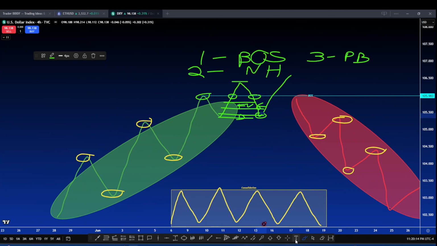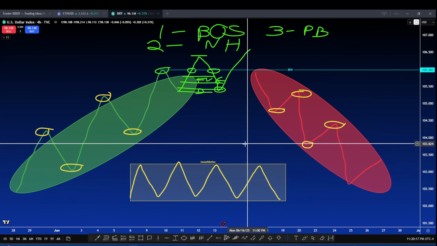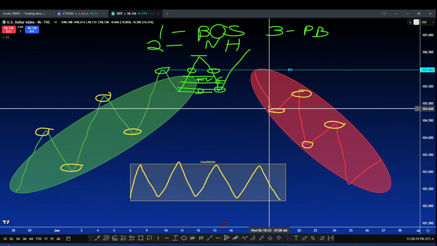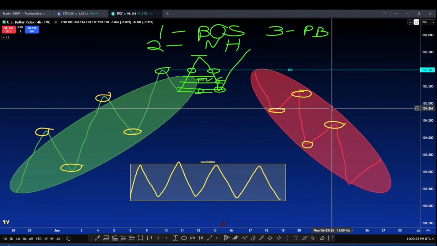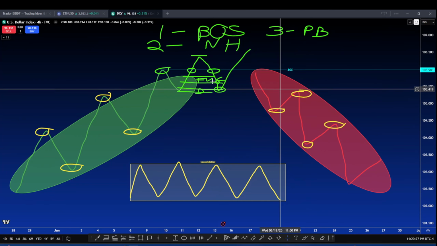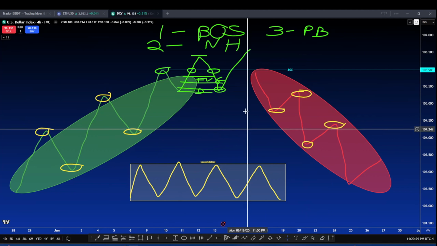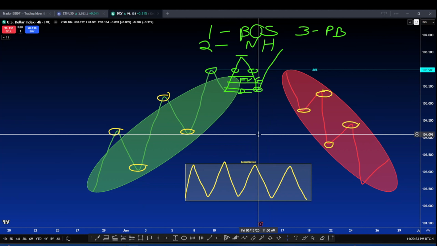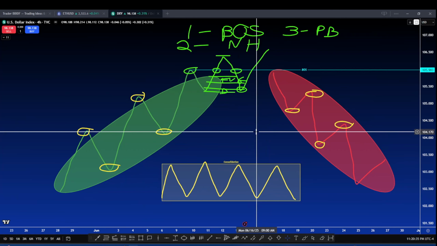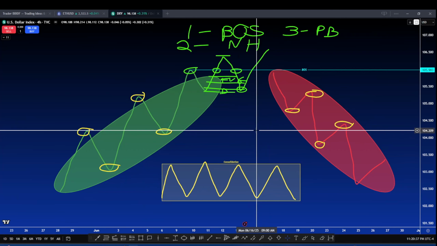And if you understand the market structure, now you get to mark up where your lows and your highs are, where the breaks are, where the retest is coming from, where the supply area is, where the demand area is, and you begin to formulate a trade setup that has a high probability of working out in your favor.